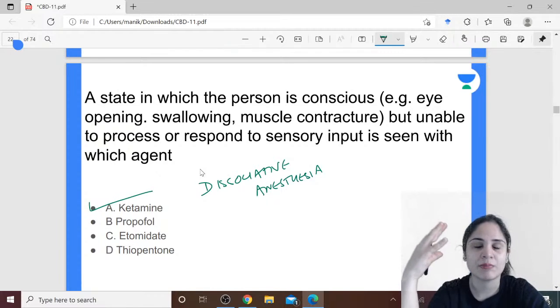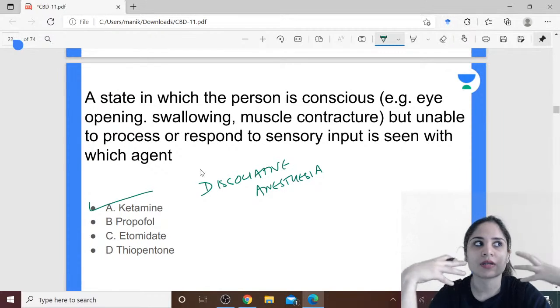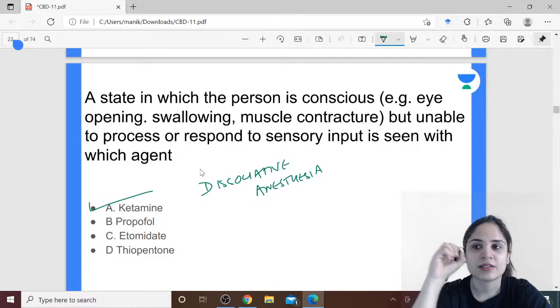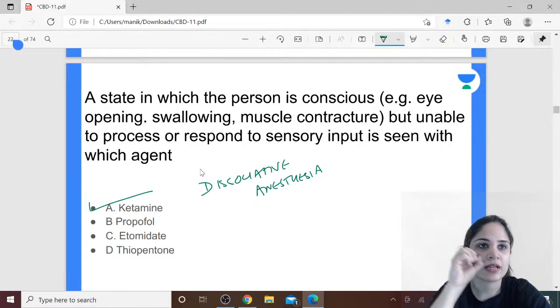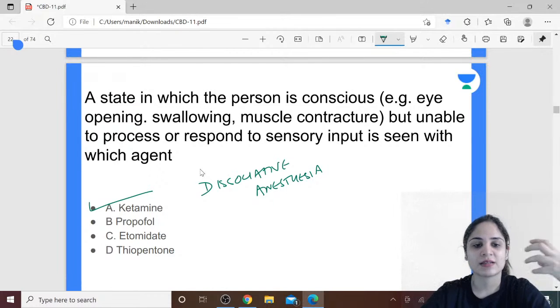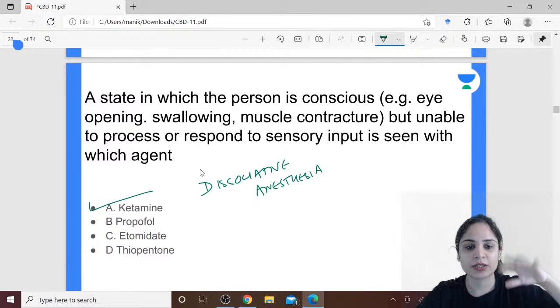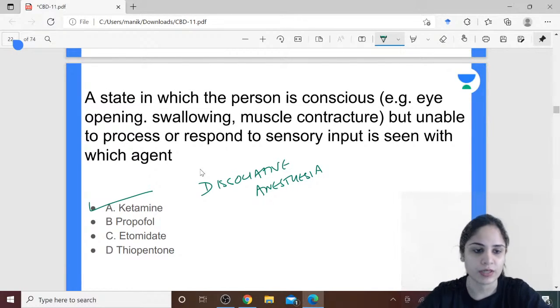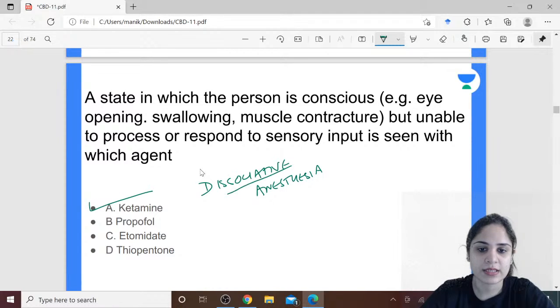It's almost like a dream-like state, like how in your dreams you can see that the exam time is getting over, but you are unable to write and finish your papers. You sometimes get those kinds of nightmares. Those are a similar state. You're getting sensory input but you're unable to respond to it. That is the dissociative anesthesia we see with ketamine.